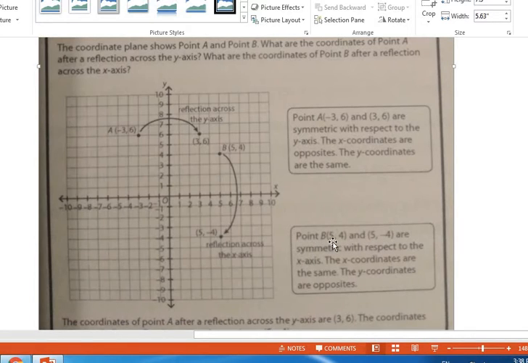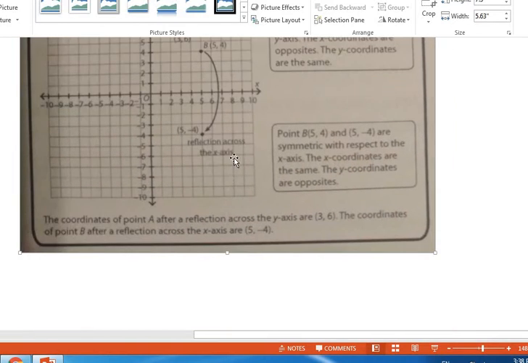Here the x-coordinate remains the same, right? But 4 has changed its sign, so 4 will be -4. They are symmetric with respect to the x-axis. The x-coordinates are the same, the y-coordinates are opposite. Okay, it's easy now.